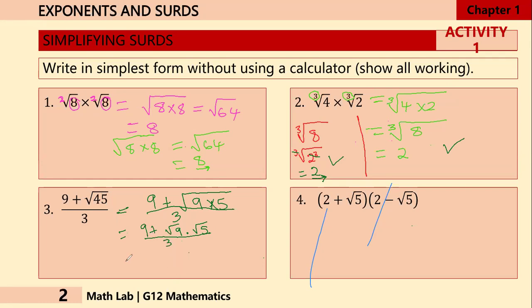So this equals 9 plus, now square root of 9, what does it give us? It gives us 3 root 5. Remember, square root of 9 gives us 3. So that 3 is still multiplied by root 5. Then all divided by 3. You all understand so far?